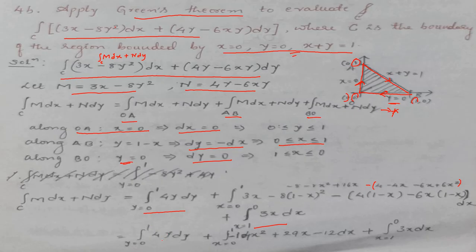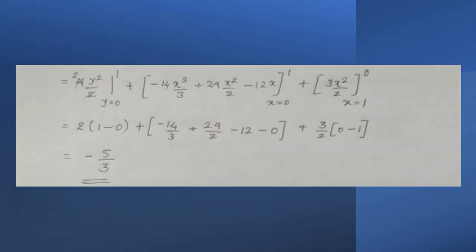After simplification, I got this integration part. Then I integrate each term with respect to its variable: integration with respect to y, and integration with respect to x. After substituting the limits, I got 2 times 1 minus 0.